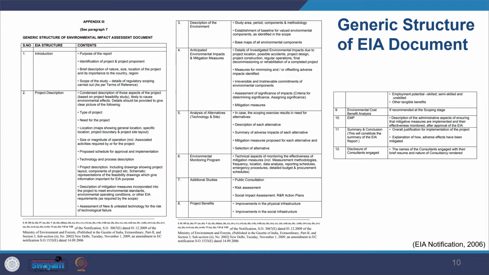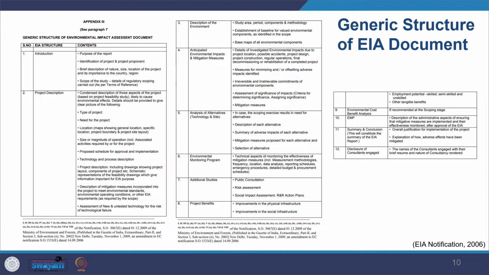So in case the scoping exercise results in a need for alternatives, when the scoping is done and there is a need for alternatives, you would be identifying and analyzing alternatives here, and you would be describing each alternative, in a similar way to the project description, in terms of what kind of technology and what kind of site changes are happening.